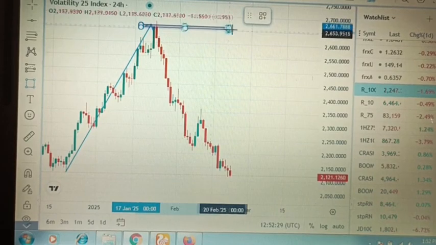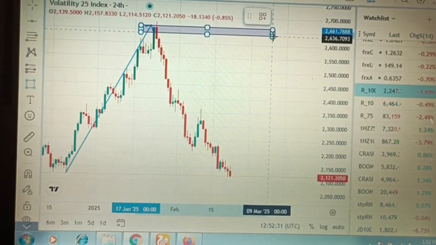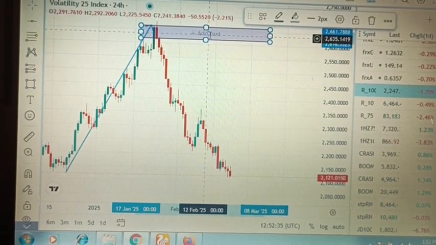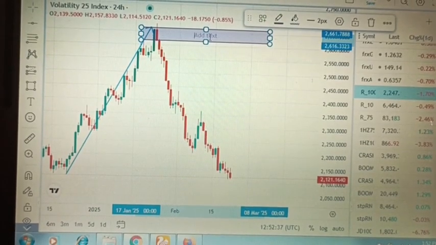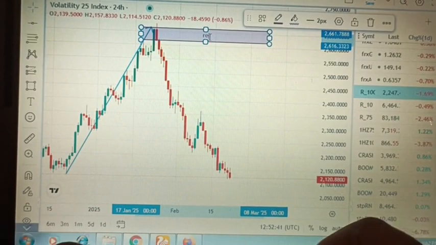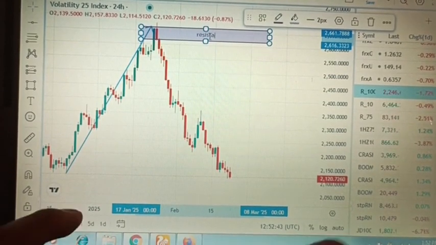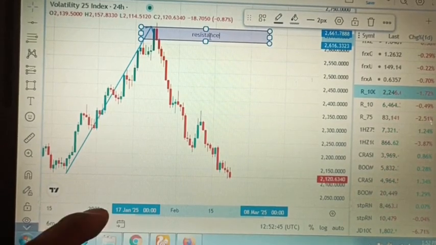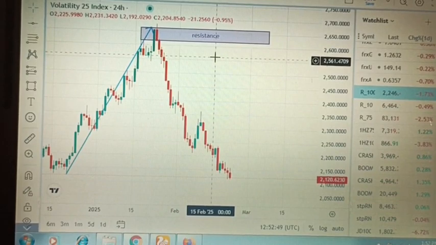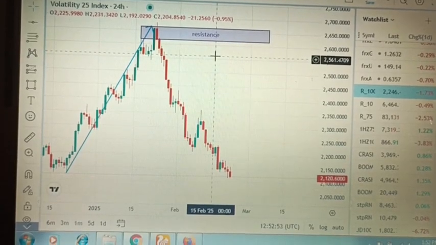there is a force called support and resistance. Let me type it for you. There is a force called resistance.